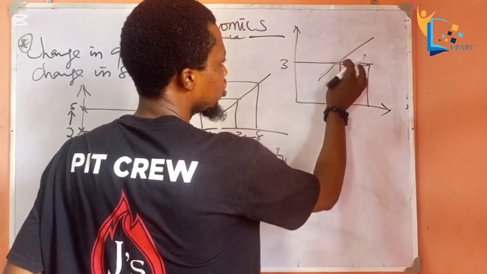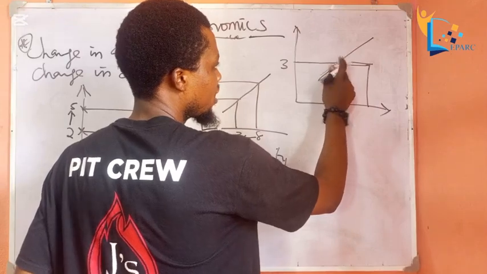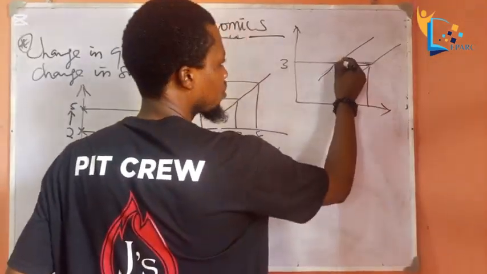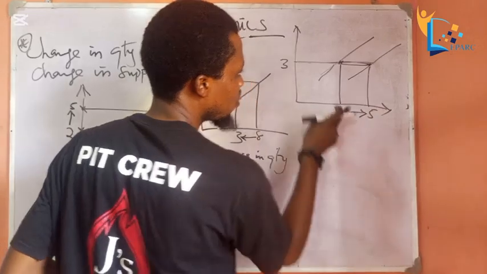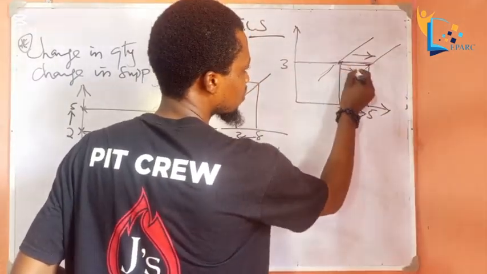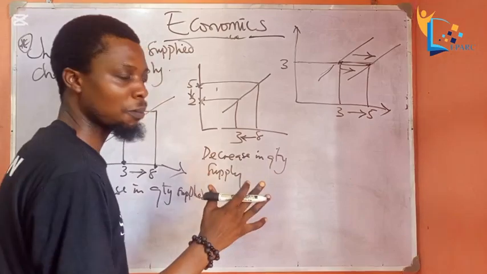Let's say this is the initial supply curve. Then when there's a movement from this point to this point, from 3 kilogram to 5 kilogram, there's an increase in supply.